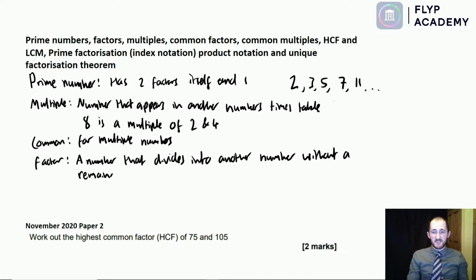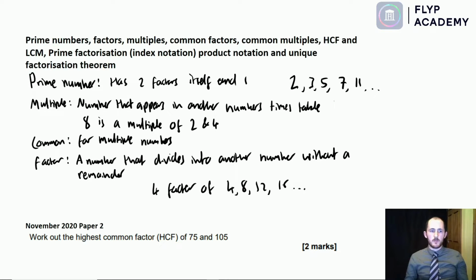So basically, is the number divisible by that number? It's a factor. So again, 4 is a factor of 4, 8, 12, 16, and so on, because 4 divides into all of those numbers without a remainder.